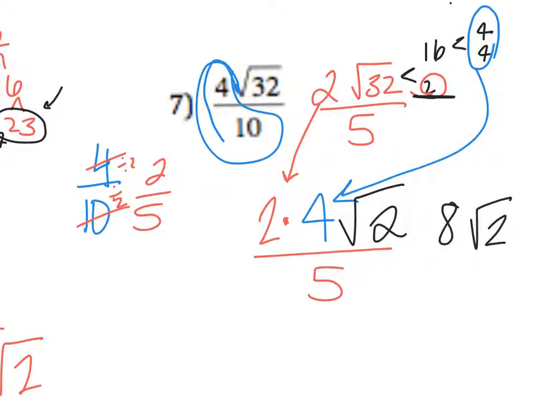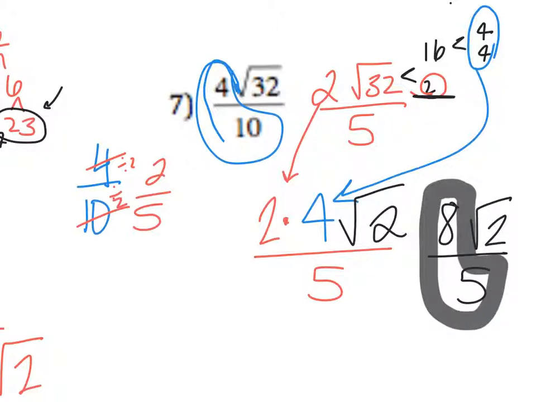And then the root 2 just stays root 2. And the 5 stays root 5. And the last thing that you want to look at is if you can simplify the 8 and the 5. In this case, 8 over 5 cannot be simplified. So your final answer, whoops, I'll write it in regular pen. Your final answer is going to be 8 root 2 over 5.